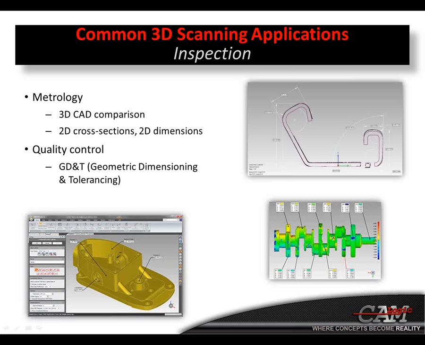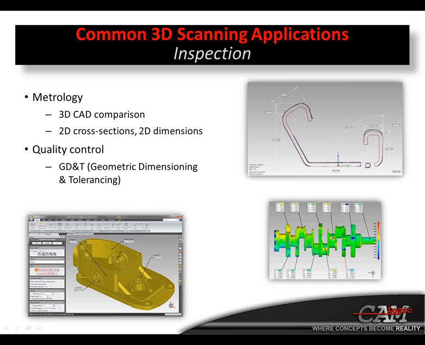So we can take the cross-section of the CAD data along with the corresponding cross-section of the scan data and compare the two and actually pull dimensions from the scan data or CAD data and be able to do a pass-fail for specific features in this part. We also have GD&T, which generally falls under quality control.